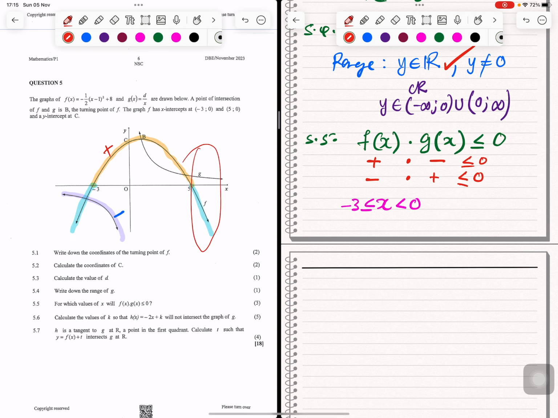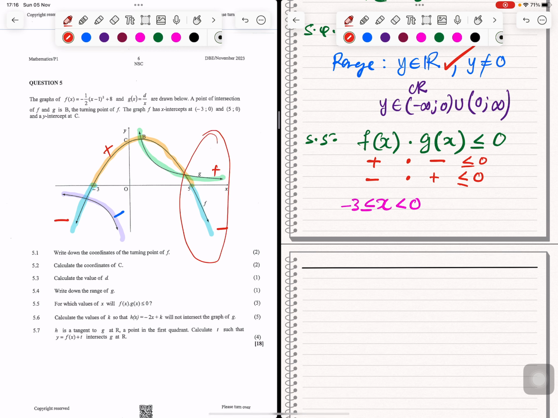But here, let us look at g in that order. So this graph here is positive, and then here is negative.